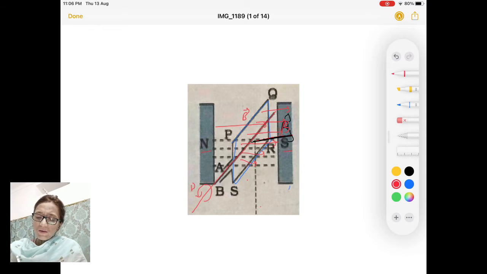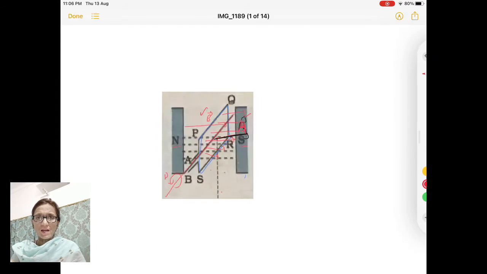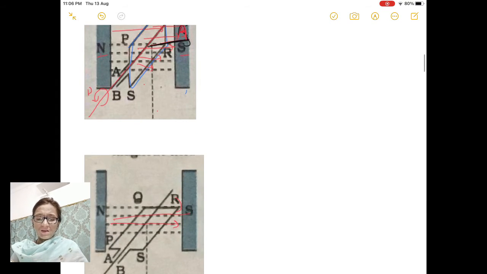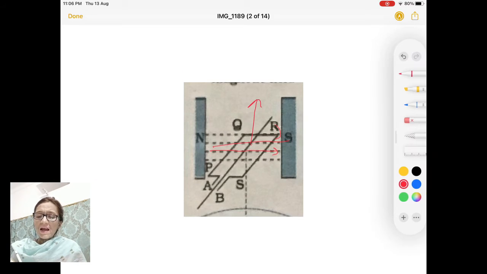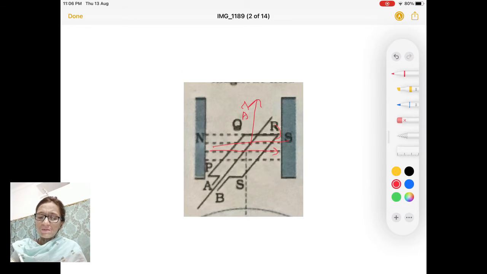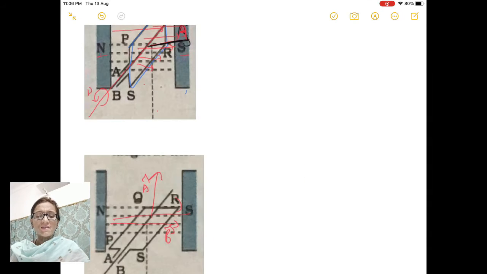So when the area vector and magnetic field are both parallel to each other, then maximum flux crosses through the area. Now when the area vector and the field vector become perpendicular to each other, then you can see that minimum flux passes through the area.